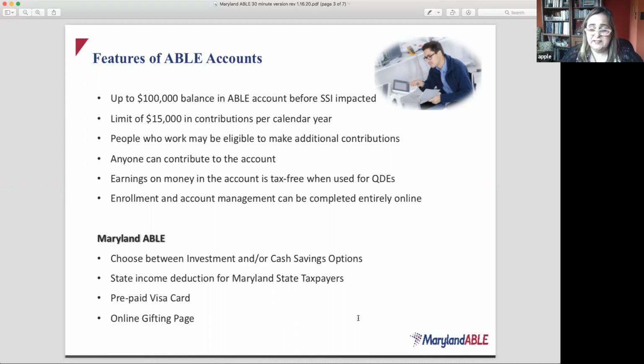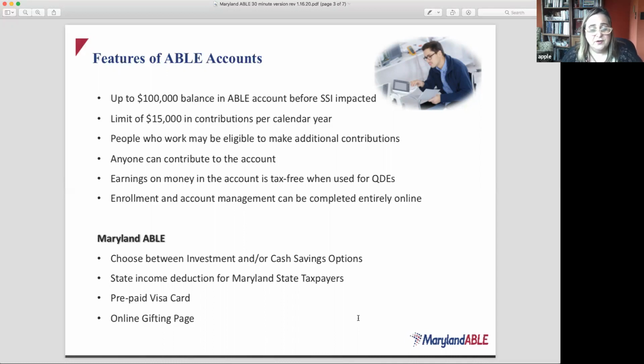And it's a really nice feature because it also helps you to keep track of all of your receipts and categorize all of your expenditures. So it's a really helpful way to make sure that all that information is organized and recorded, so that if you needed to verify how money was spent in the ABLE account, it would make it really easy to do that.